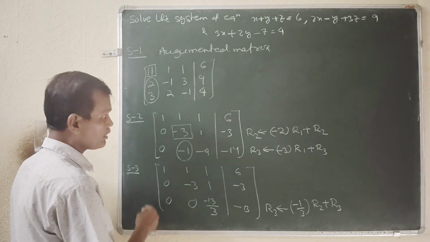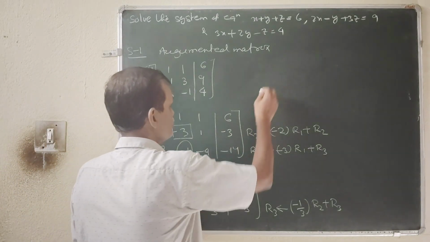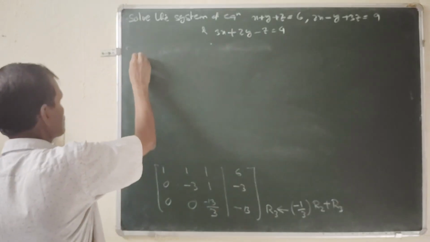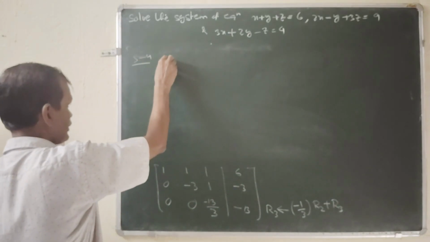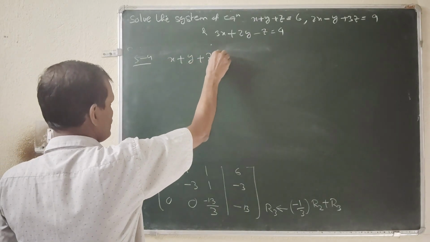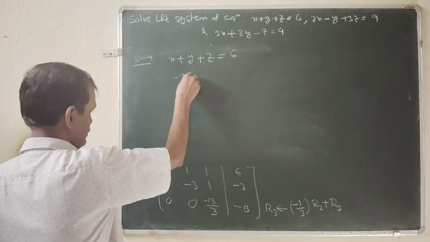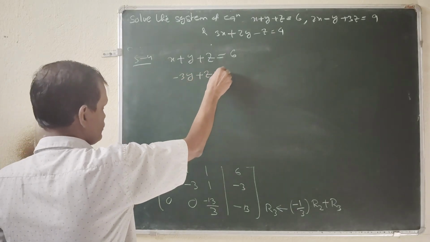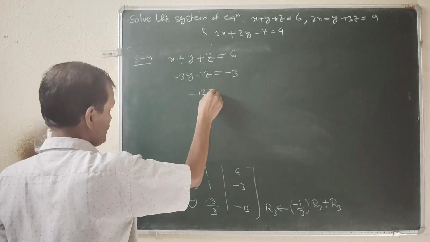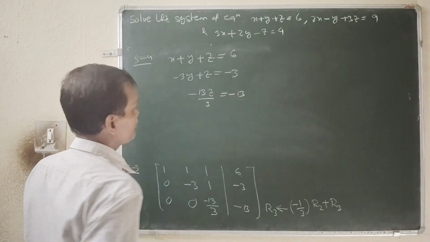And if we get the echelon form, then we write its equation. Then its corresponding equations will be, that is step 4, x plus y plus z is equal to 6, minus 3y plus z is equal to minus 3, and minus 13z by 3 is equal to minus 13.